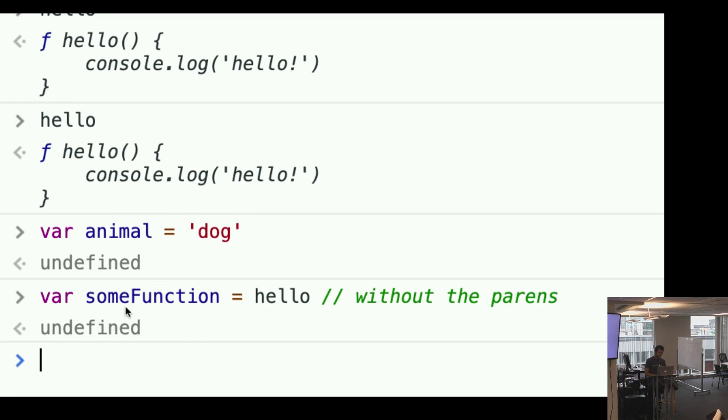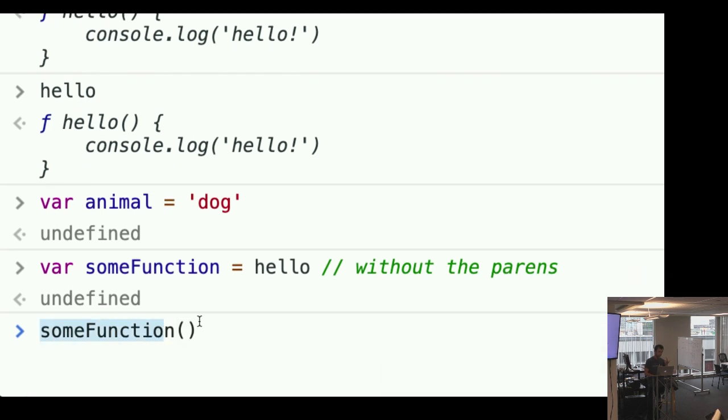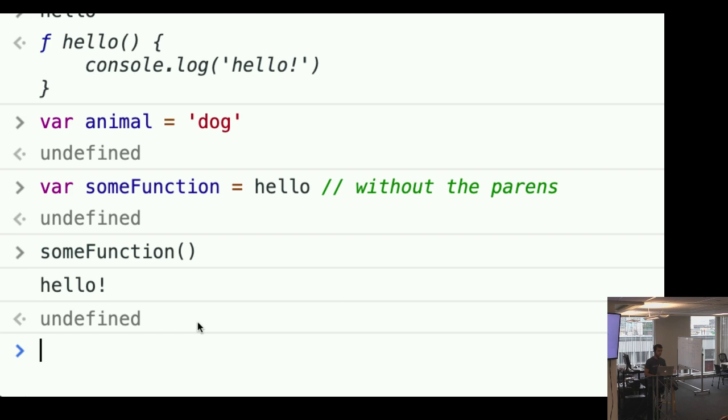And now that I've done this, I just want you to think for a sec, what do you think happens when I go some function with parentheses? It's going to run the hello function. Right?